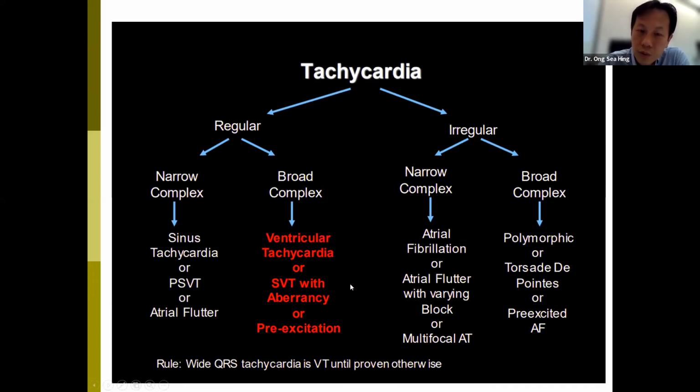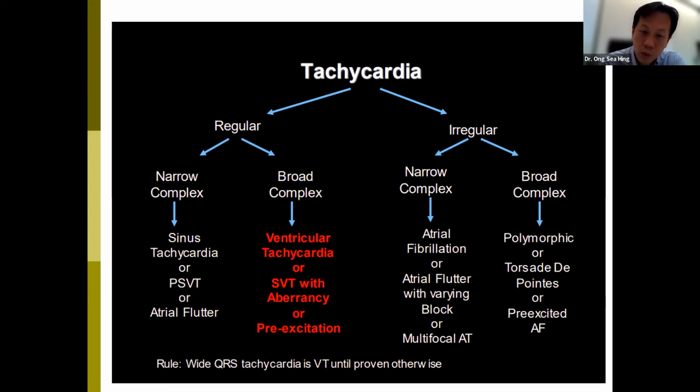What this means is supraventricular tachycardia with aberrancy means that the patient has a pre-existing bundle branch block, and when they go into SVT, the SVT is a broad complex QRS. Pre-excitation means that the patient has Wolff-Parkinson-White pattern, and during the tachycardia the pathway goes through the accessory pathway, and therefore you get a broad complex tachycardia.